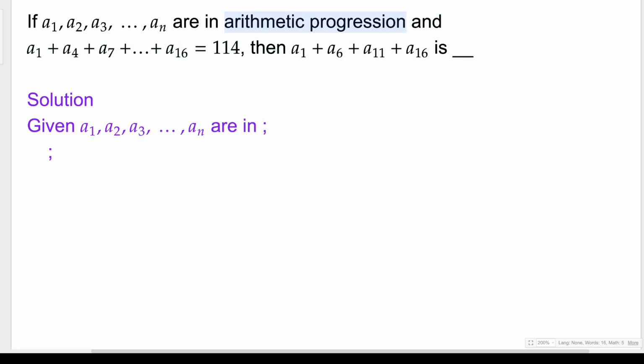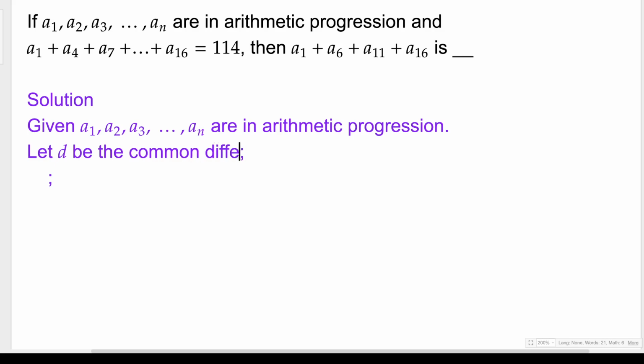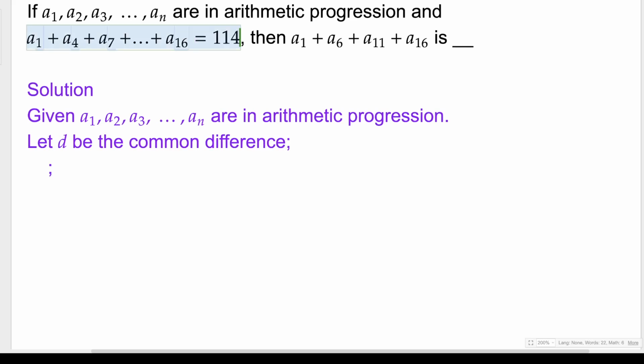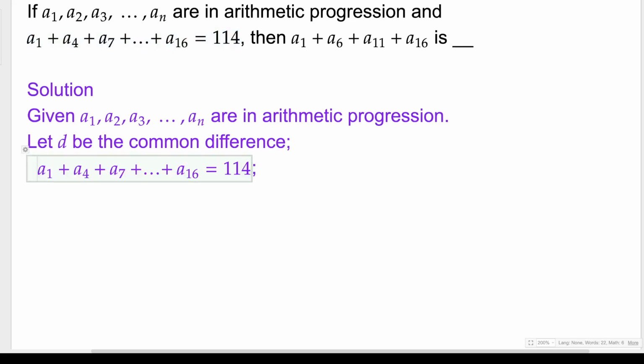This is given to us. So we can assume that d is the common difference. So this is the given equation to us, and I'll proceed with it.